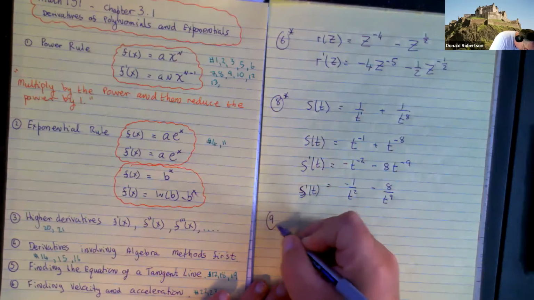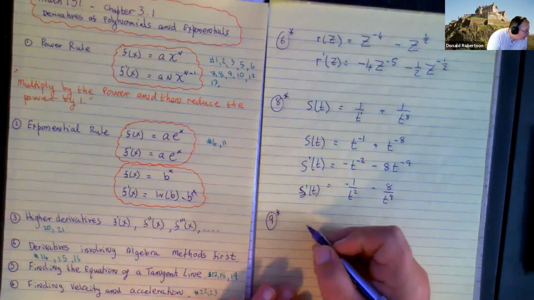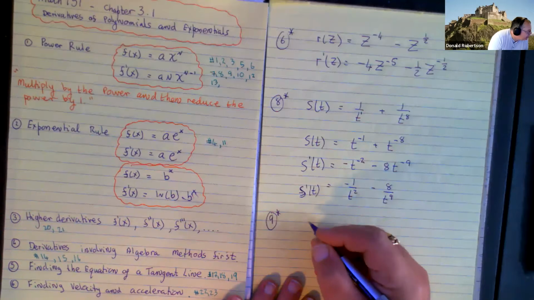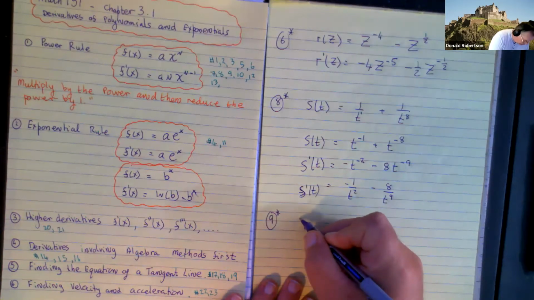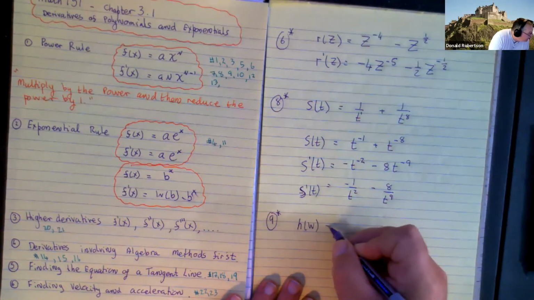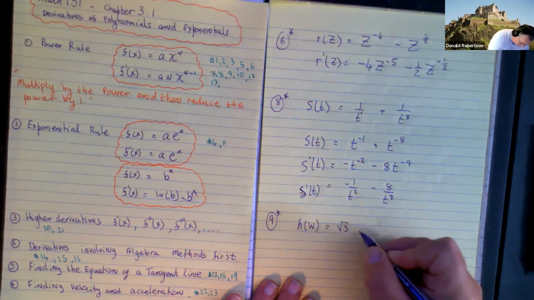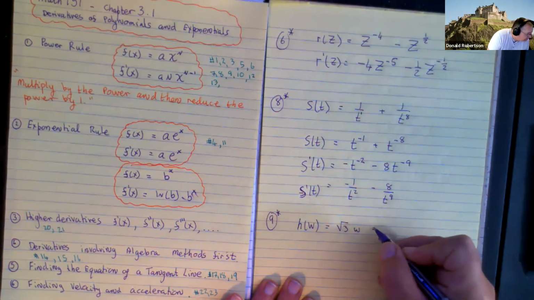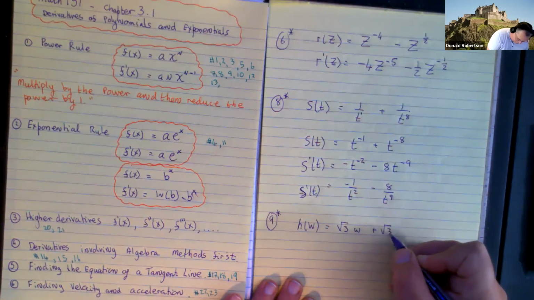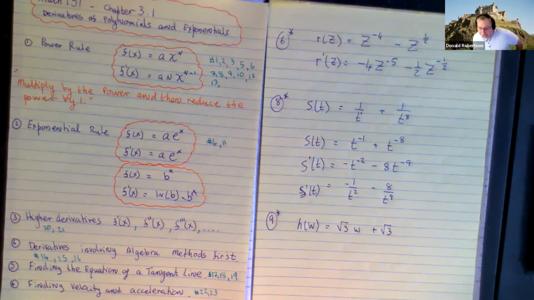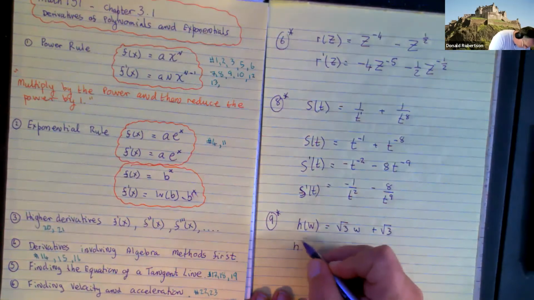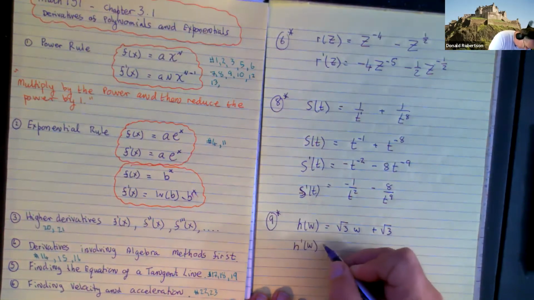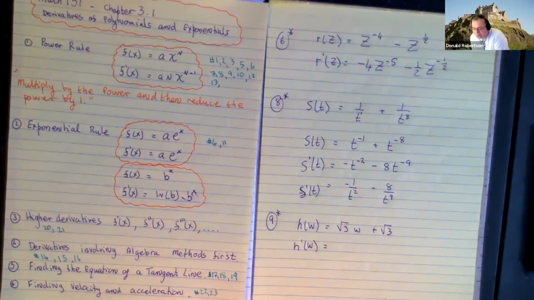This is a trick question. I'm telling you right off the bat, this is a trick question. What is the derivative of the square root of 3, w, plus the square root of 3?